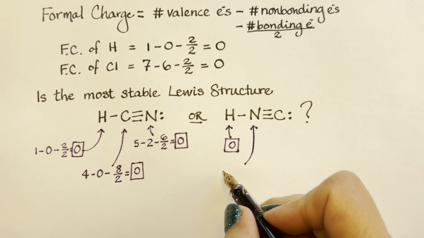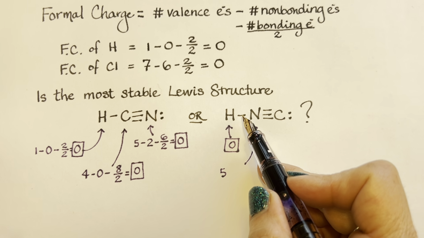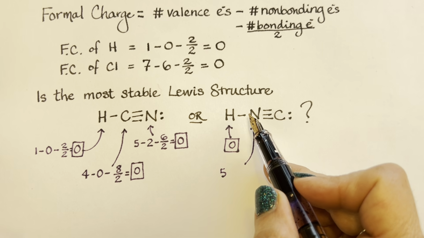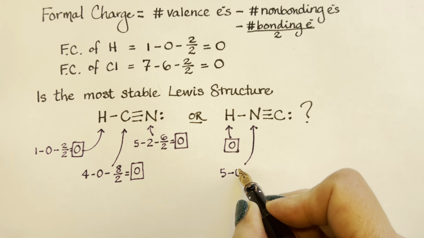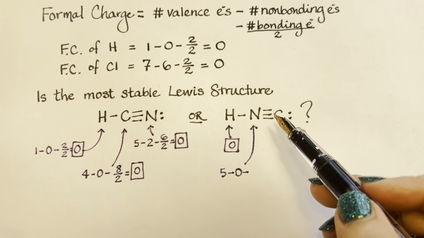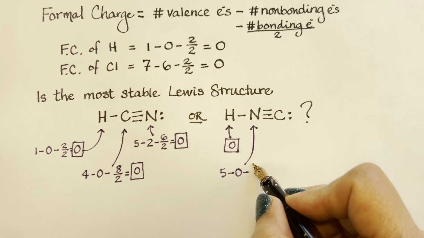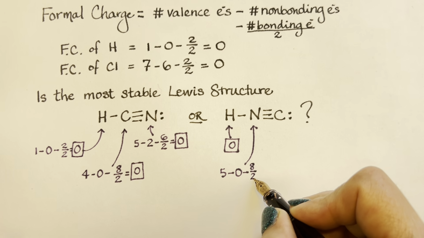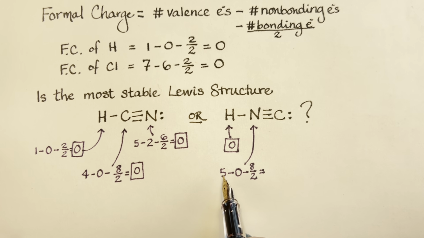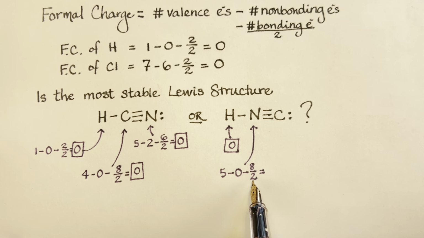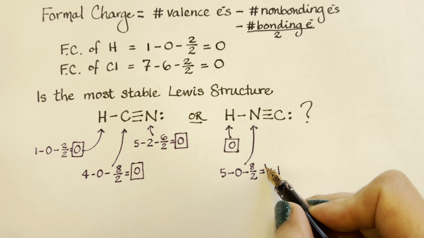Nitrogen has 5 valence electrons. In terms of non-bonding electrons, all the electrons around nitrogen are bonding, so no non-bonding electrons, minus 0. Now in terms of bonding electrons, 2, 4, 6, 8. We divide that by 2. So now we have 5 minus 4. That means we have a formal charge of plus 1.